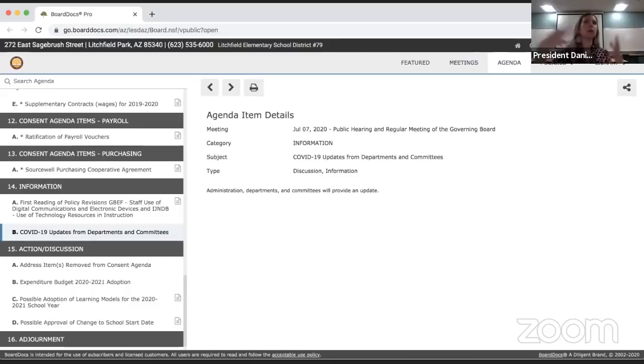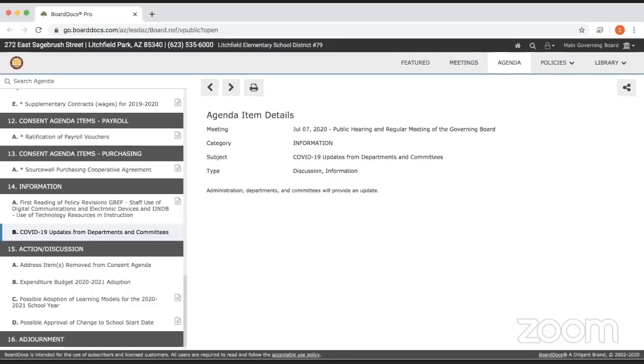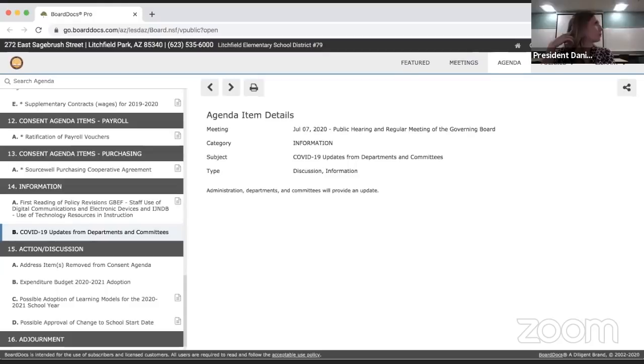Well, we're saying training, but we mean the work on the committees and all of that. So the funds for that committee work are in here. And then on top of that, the 150 would be for 2 days of training for all our certified teachers before school begins.